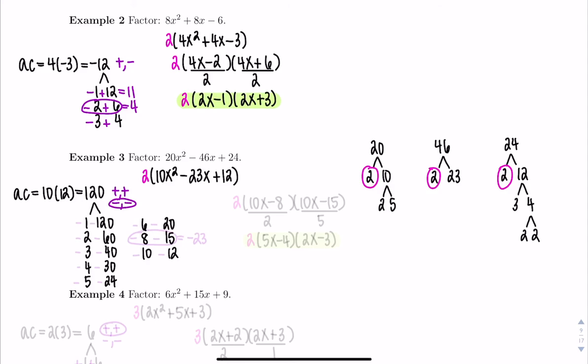And so because these all had to be negative, we can figure out which combo gets us to negative 23. And so the negative 8 and the negative 15 give me negative 23.